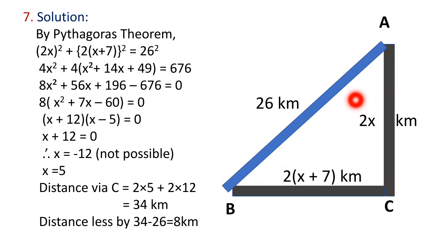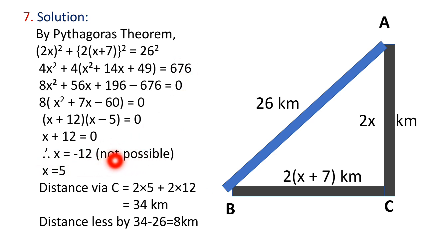So we have now a right angle triangle, and this one is one of the sides, and this one is the other side, and this one is the hypotenuse. So we can use the Pythagoras relation as it is done here. This side square plus this side square is equal to that square, and the solution is done here. This is complete algebra, and finally we have found this x is equal to minus 12, which is not possible.